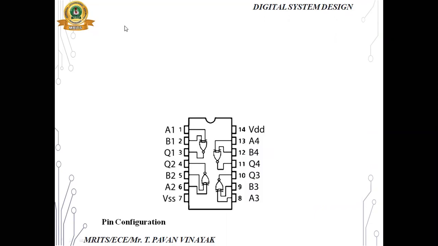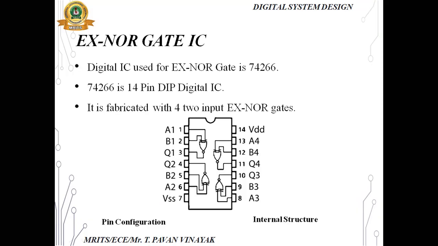Before entering into the truth table, let us see the XNOR IC. This is the XNOR. The IC number is 74266. Mostly we use this one. The XNOR gate is different from the other gates.